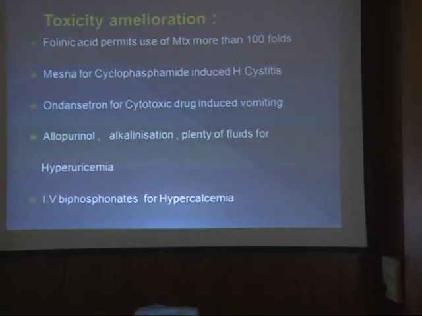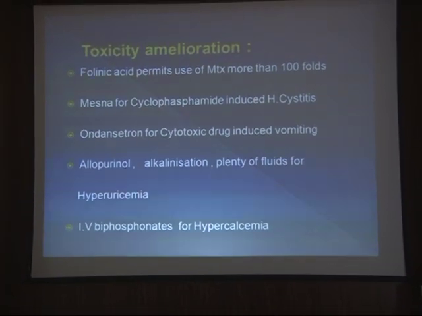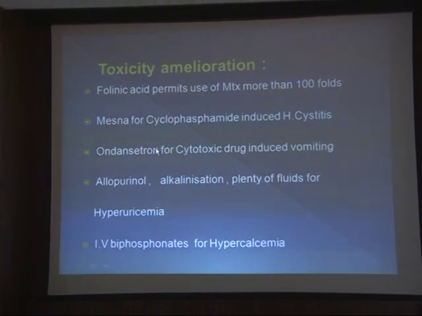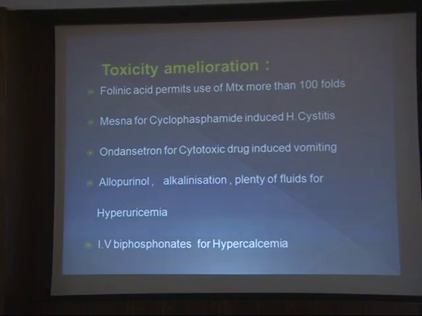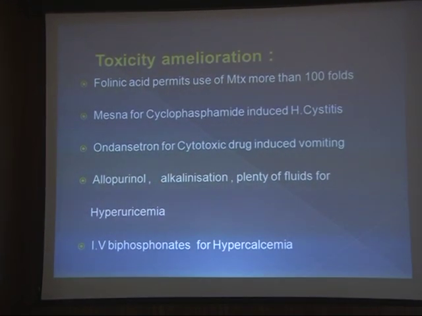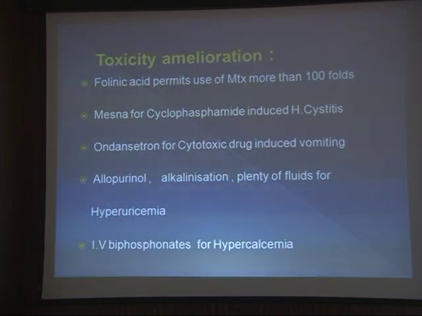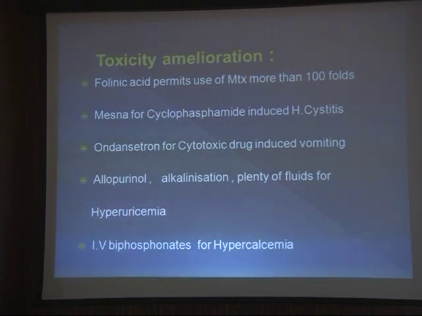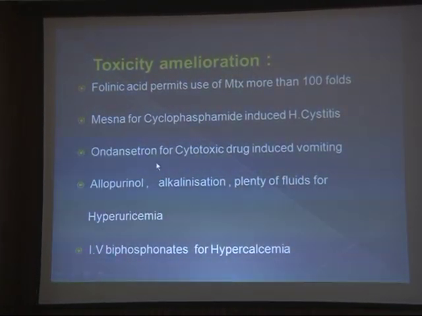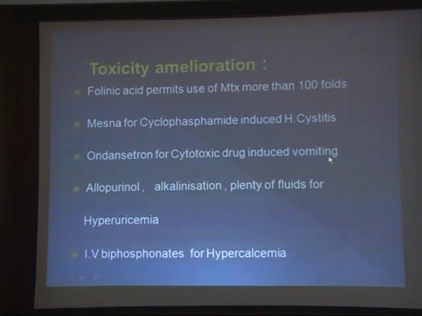Now coming to cyclophosphamide, hemorrhagic cystitis is an important adverse effect of cyclophosphamide. The drug which is administered is Mesna. Mesna is administered for the treatment of cyclophosphamide induced hemorrhagic cystitis. Further, another important drug, ondansetron. Ondansetron is a specific drug used for chemotherapy induced vomiting, because the patient who has undergone chemotherapy has severe vomiting and has to be relieved from that, and we have a specific drug, ondansetron, for cytotoxic drug induced vomiting.